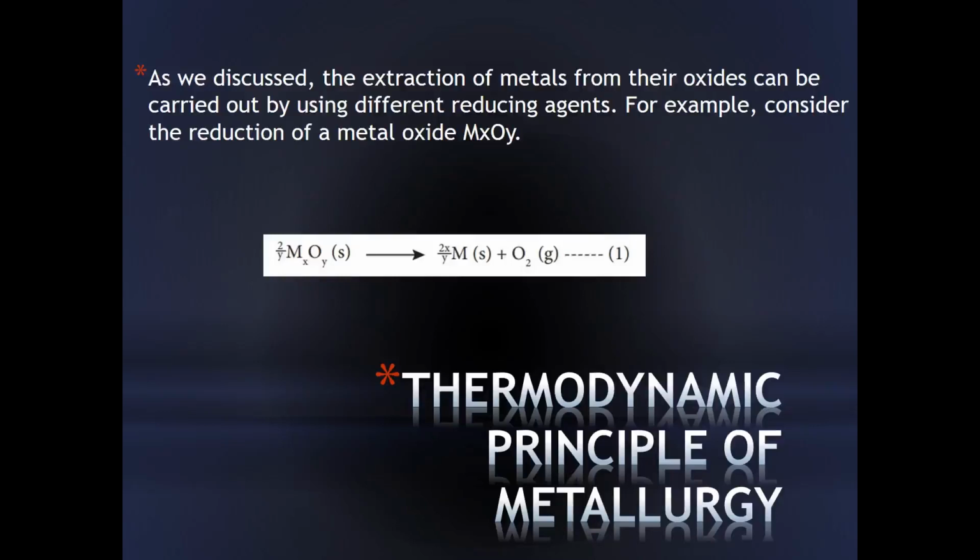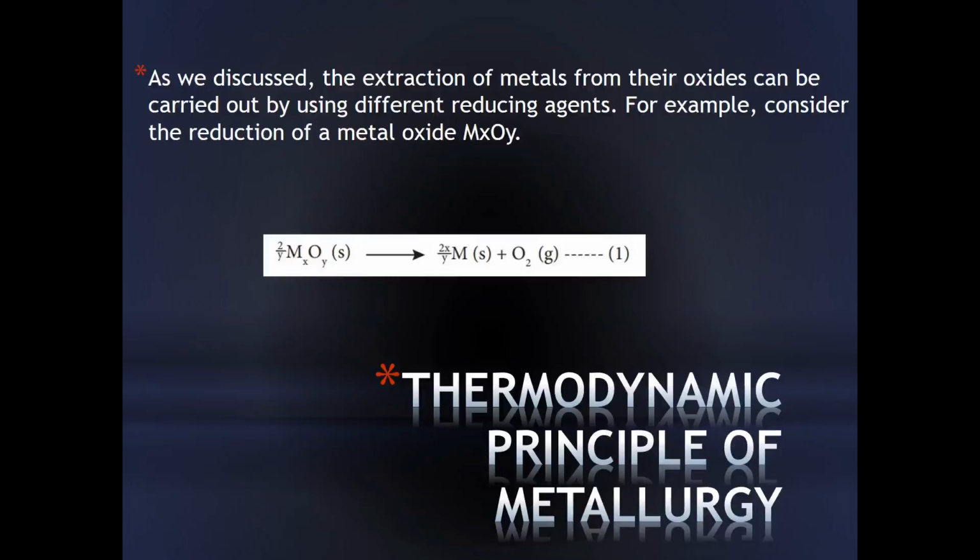What is thermodynamics? It deals with heat. It is a branch of physics. A suitable reducing agent is selected based upon thermodynamic considerations. We have to think whether it is a spontaneous reaction, and if not, we have to use another reducing agent for another reaction.